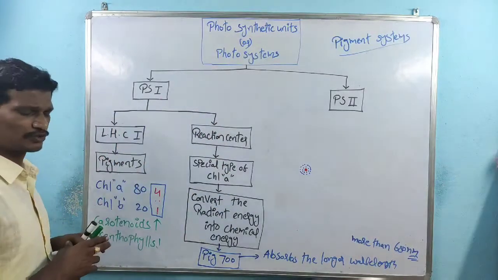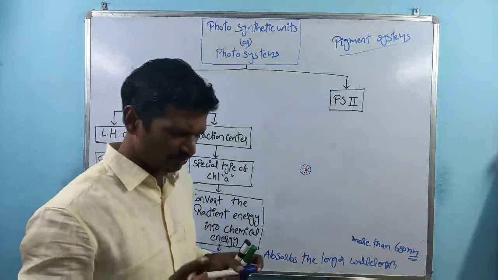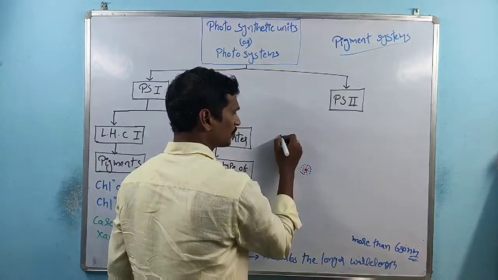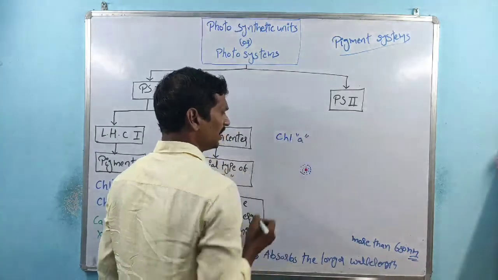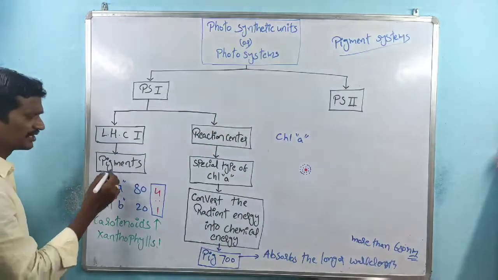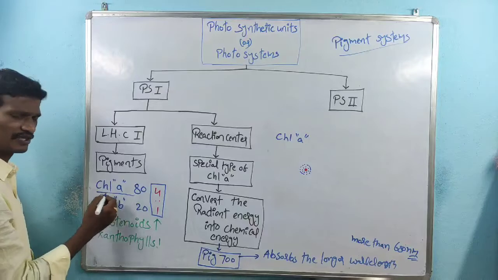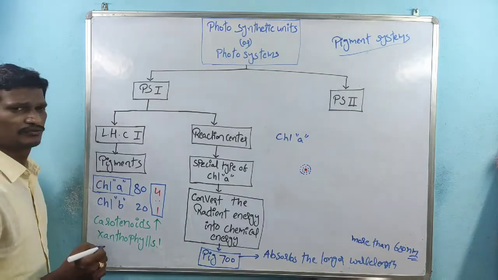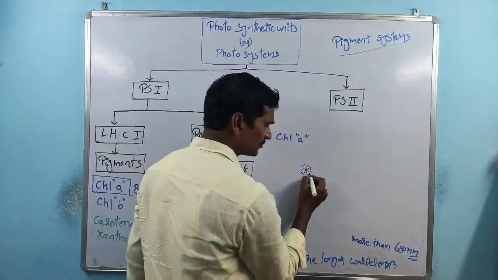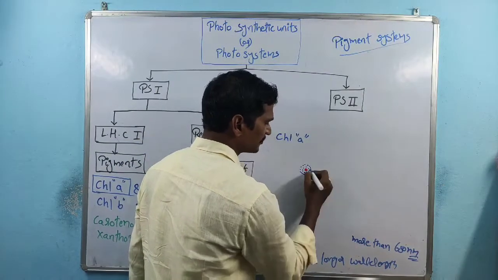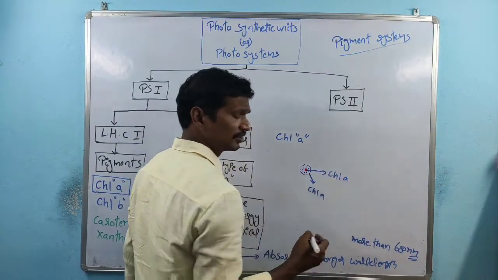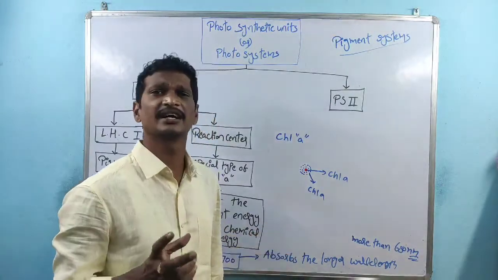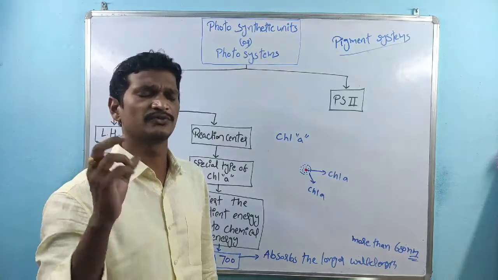In the same manner, PS2 is also present, and I would like to discuss one important point. The reaction center contains chlorophyll A, and the accessory pigments, which are also called light harvesting complexes, also contain chlorophyll A. But the chlorophyll A in the reaction center is very special.